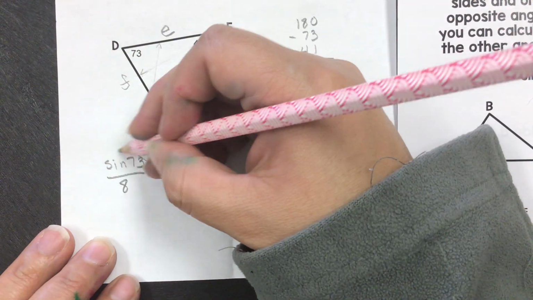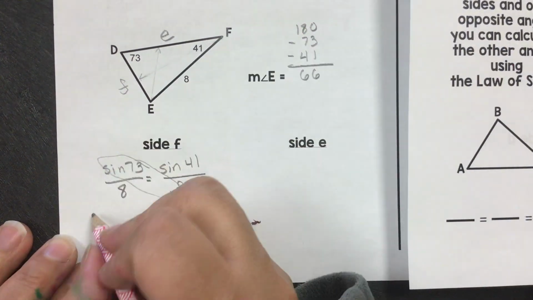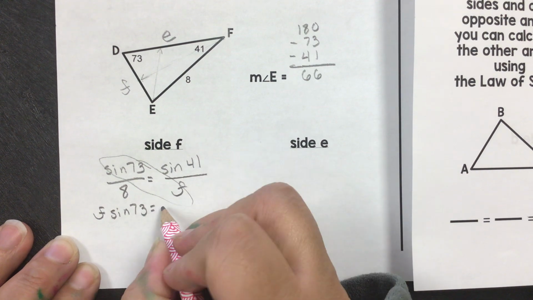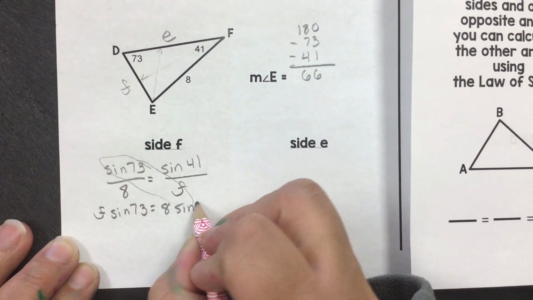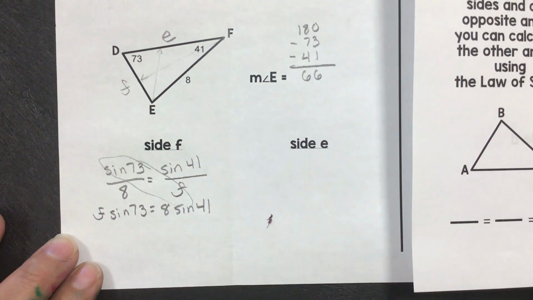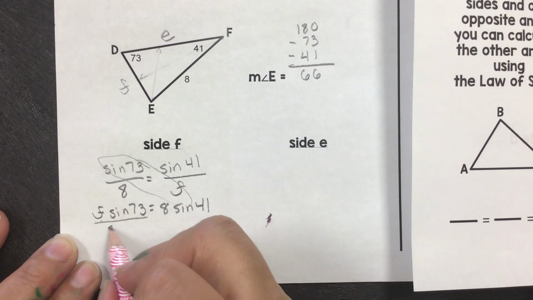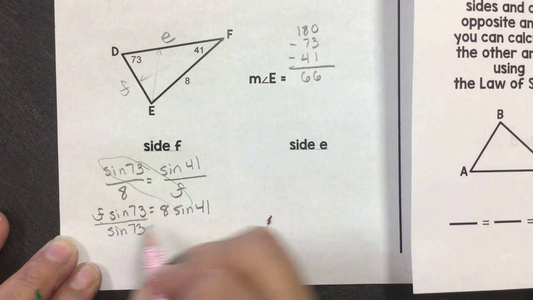We're going to have to cross multiply. F sine of 73 is equal to 8 sine of 41. You're looking for F, and that's why we have to divide by sine of 73 on both sides.